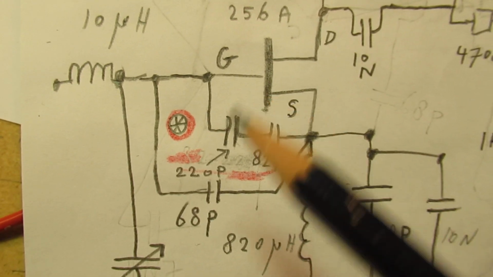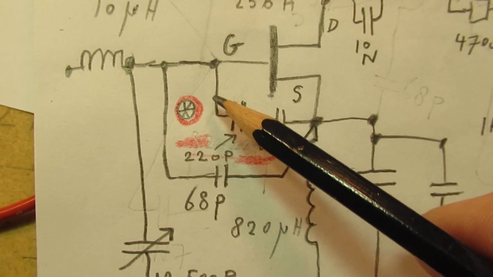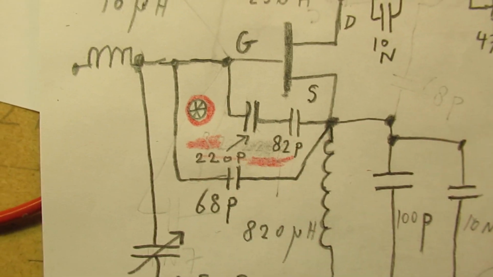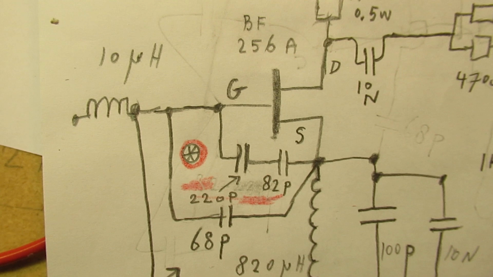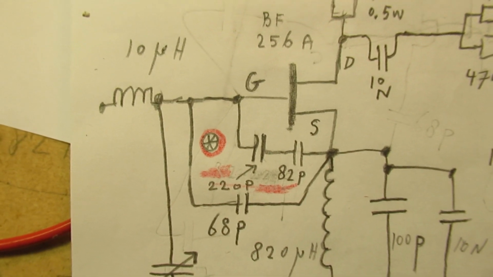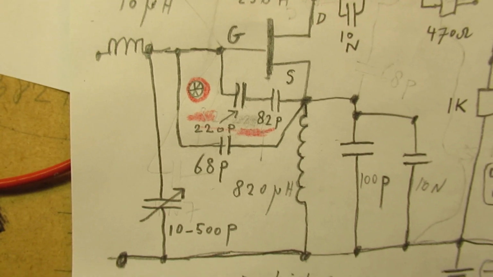It's important to tell that when you add here that 82 picofarad capacitor in series with the 220 picofarad, the frequency goes to approximately 2.3 megahertz.